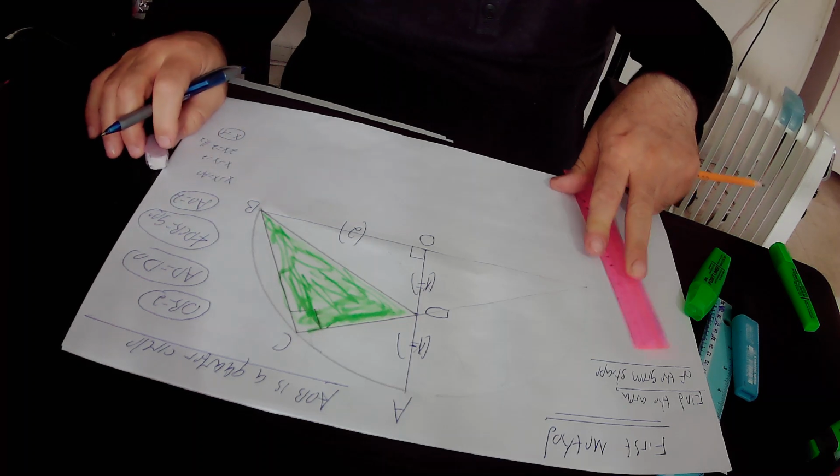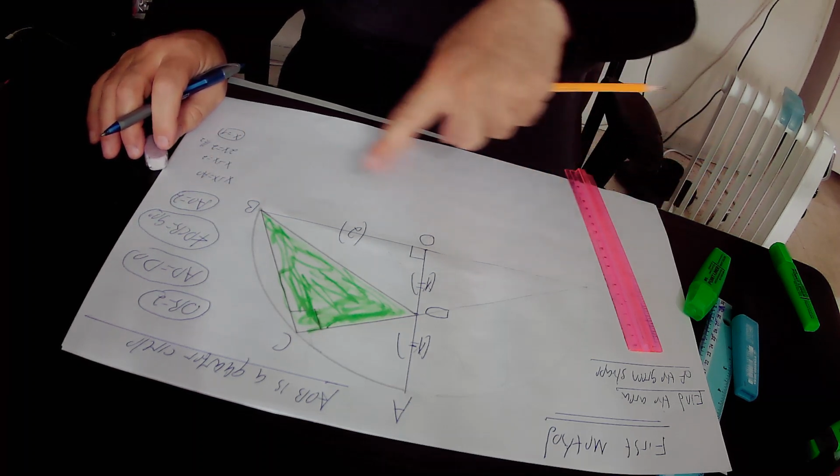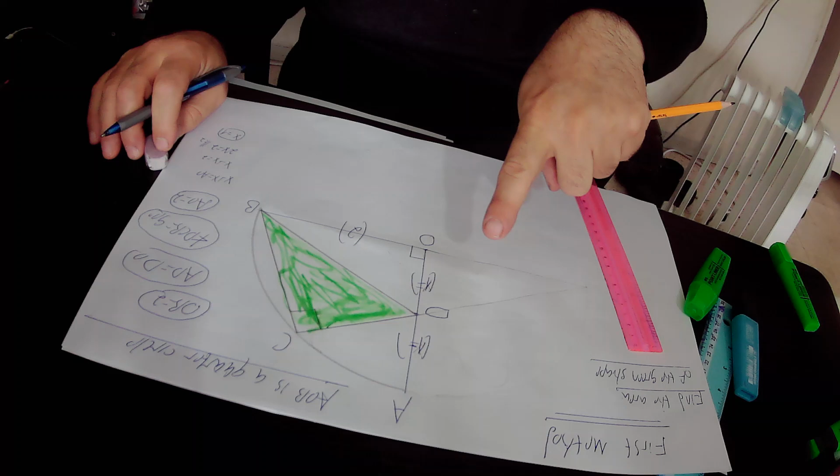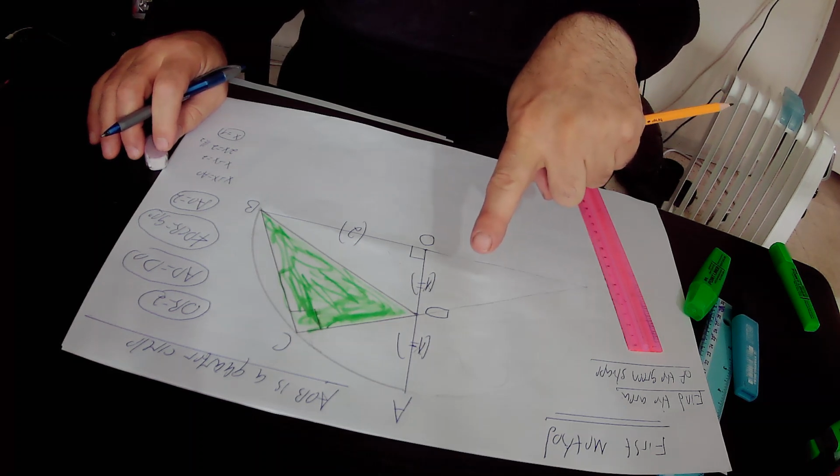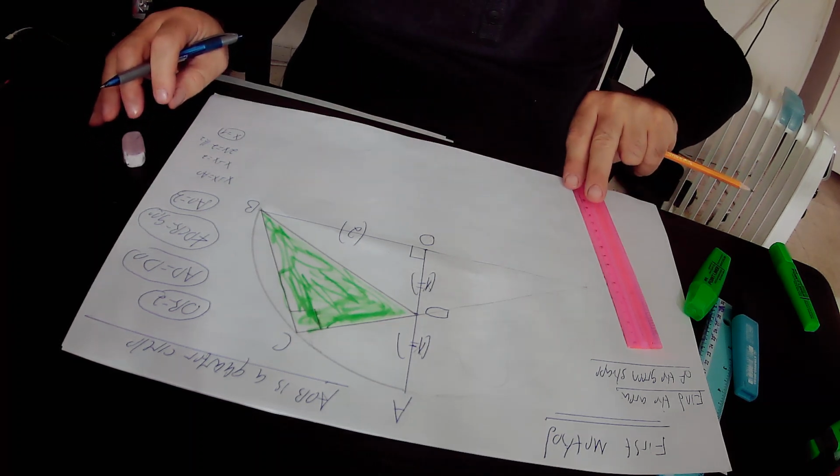In the next step, I'll copy the right triangle DOB onto a new page and we'll implement the Pythagoras theorem in this right triangle DOB.